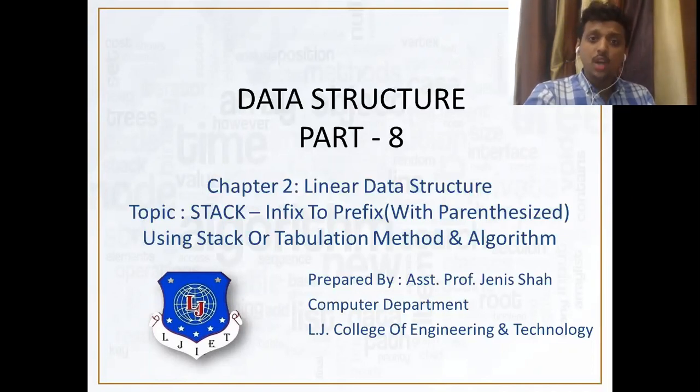If you are asked to convert an infix expression into Polish notation without parentheses, do not worry, just follow the rules in the slides. So let's start with infix to prefix using the tabular method and its algorithm for parenthesized expressions.